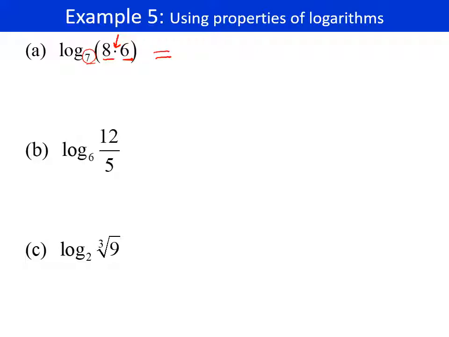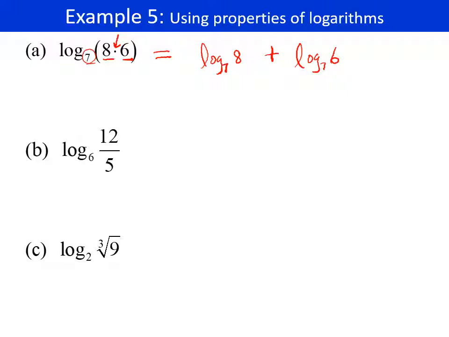So we're going to add their exponents. One exponent and the other exponent. So we're changing the one logarithm into two logarithms. We're going to have an 8 on one, 6 on the other, and the same base as the logarithm we started with. So there's property 1 of logarithms.